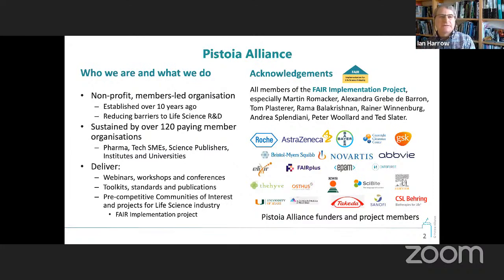The Pistoia Alliance is a non-profit members-led organization. It was established over 10 years ago, and it's all about reducing barriers to life science research and development. It's sustained by over 120 paying member organizations, and these consist of a variety of large enterprises such as pharmaceutical companies, smaller technology SMEs, science publishers, institutes and universities.